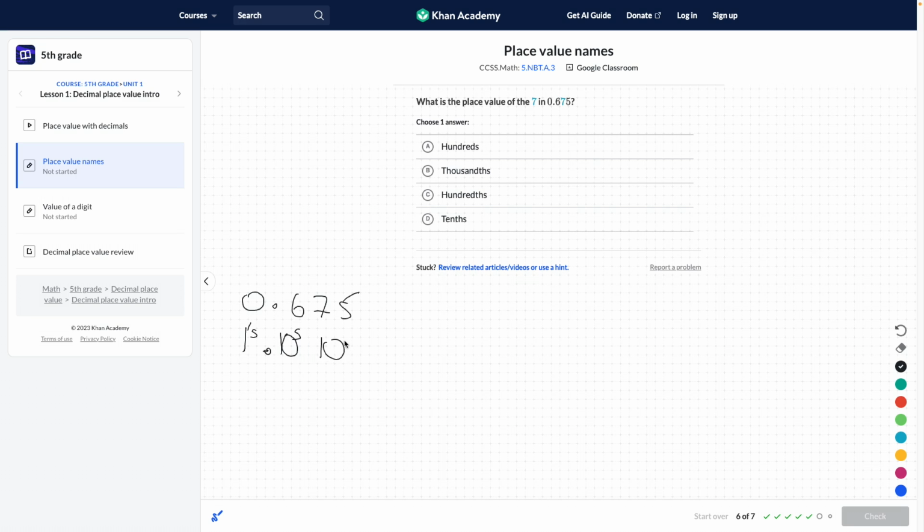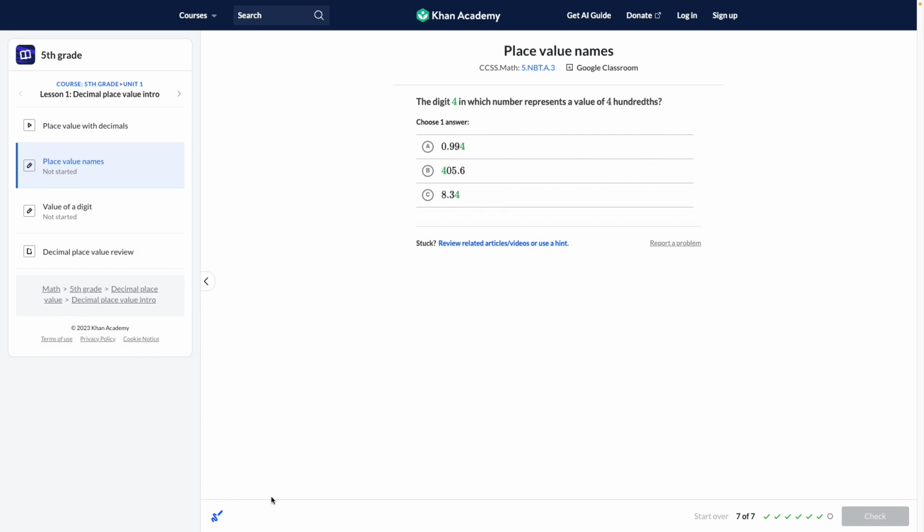The next one is the hundredths, and the next one is the thousandths. So the tenths is the 6, the hundredths is the 7, and the thousandths is the 5. The question is, what is the place value of the 7? And remember, read the question. The place value of the 7 is the hundredths, so hundredths, not hundreds or thousandths or tenths.